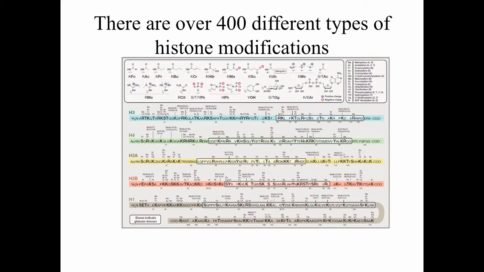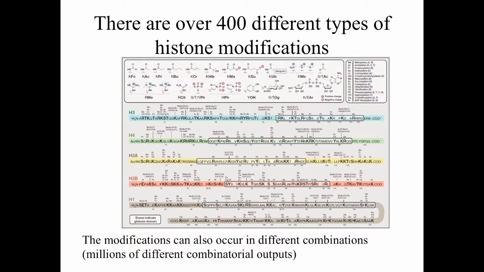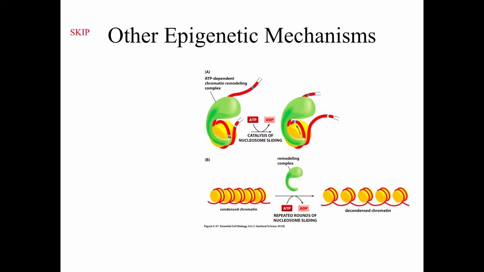There are actually 400 different types of histone modifications. And these modifications can occur in different combinations. So you can have one residue in the tail become modified and another one become modified, and that can be a different kind of combinatorial output, so it could be a different functional output in the cell.